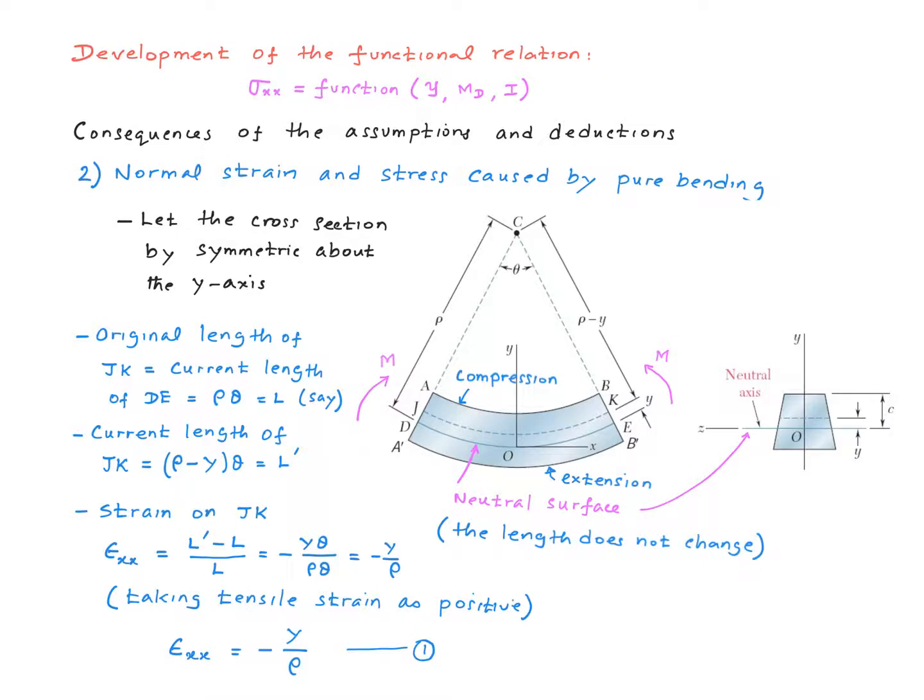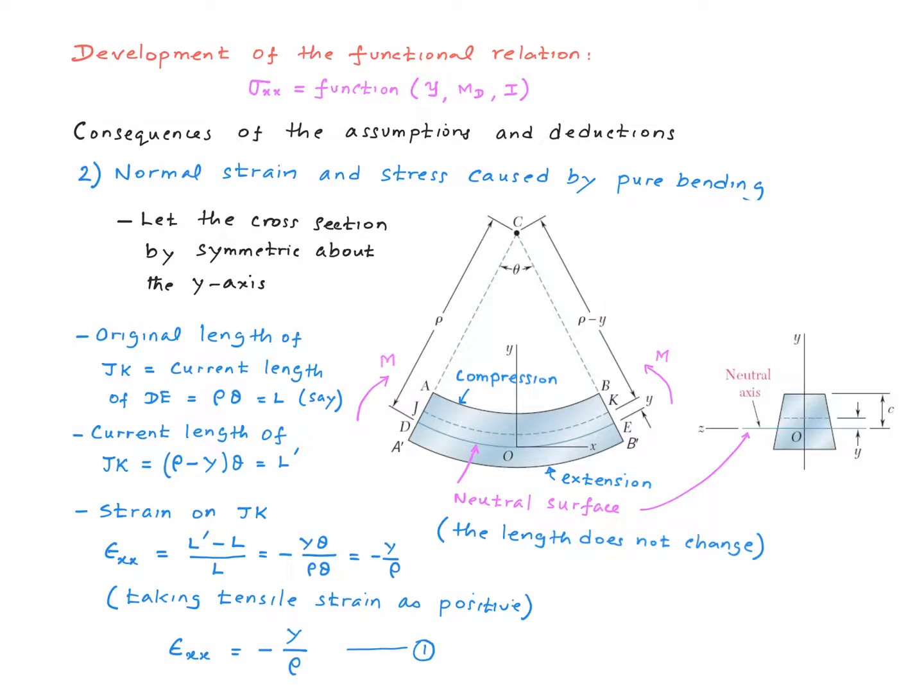So this is what I did. The original length of JK, this one right here, is exactly equal to the current length of the neutral surface, right? So this length right there. And since this is a circular arc, the length equals rho multiplied by theta. Let's call that L. The current length of JK is the current radius of that, which is rho minus y, multiplied by theta.